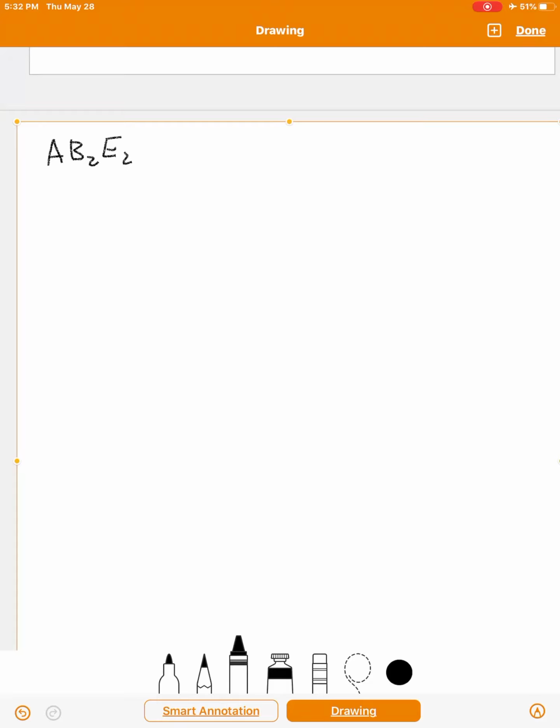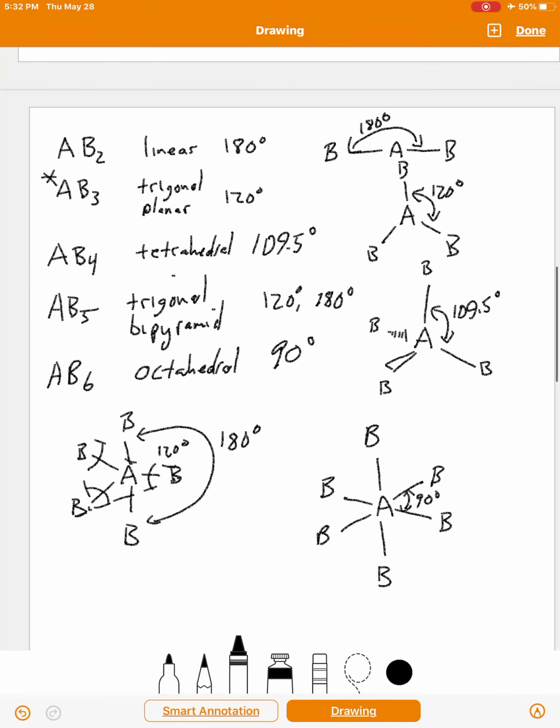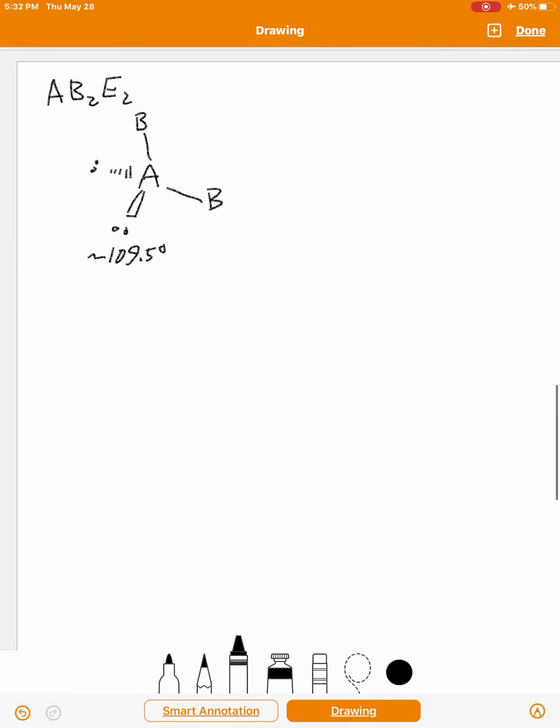That means you have two lone pairs on the central atom. So for this one, A is in the center. You've got really 4 pairs of electrons. 2 of them are surrounding atoms. There's your AB2, but 2 of them are lone pair. So what happens is the angle here is close to 109.5, just like the tetrahedral, like we drew over here, where you have 4 electron domains. We also have 4 electron domains here.